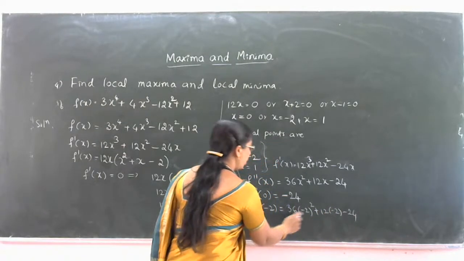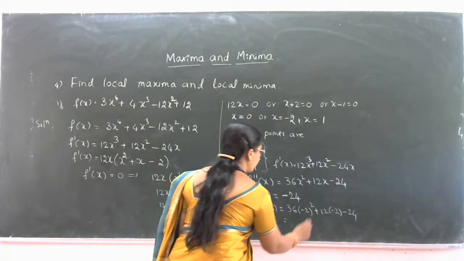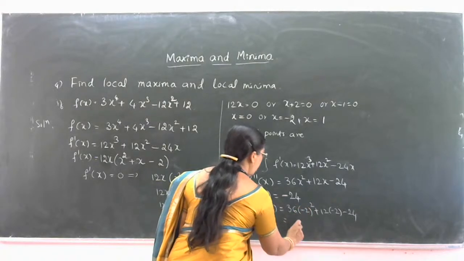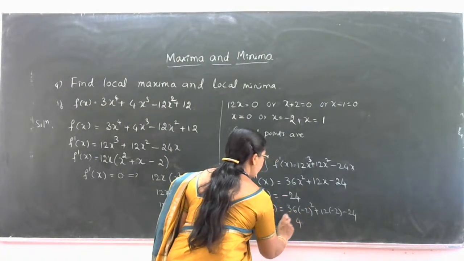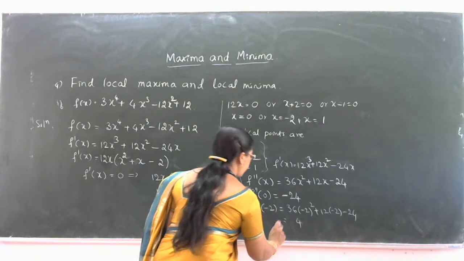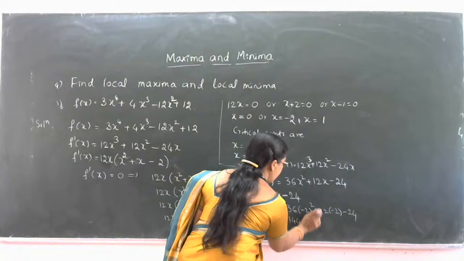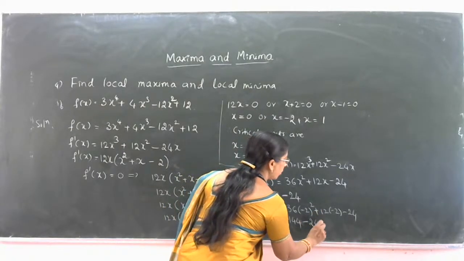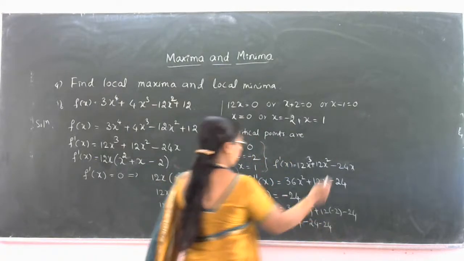We get 36 into 4, which is 144, then 12 into minus 2 is minus 24, minus 24.